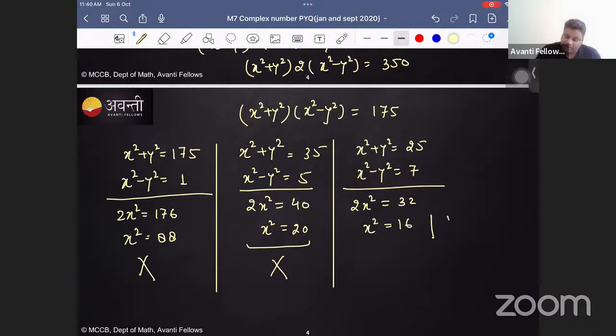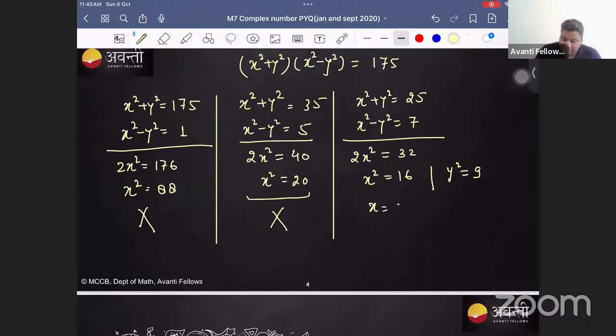Now if x square is 16, y square goes 9. So x is plus minus 4 and y is plus minus 3. With these values of x and y, I get 4 points: 4 comma 3, 4 comma minus 3, minus 4 comma 3, minus 4 comma minus 3.